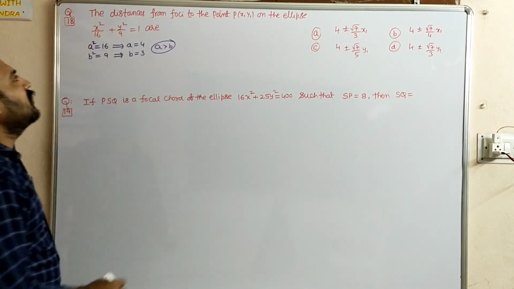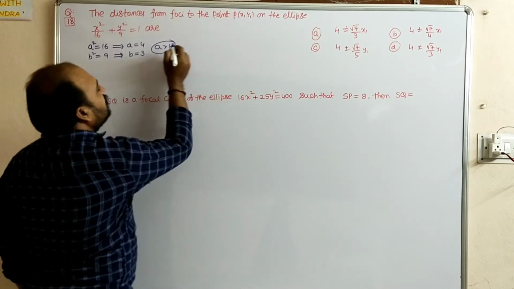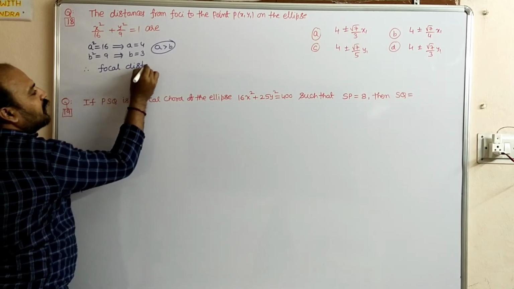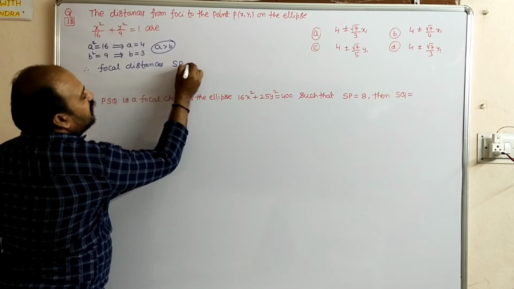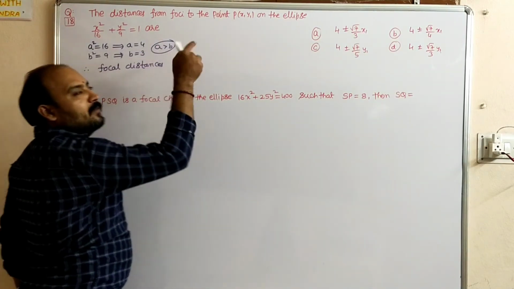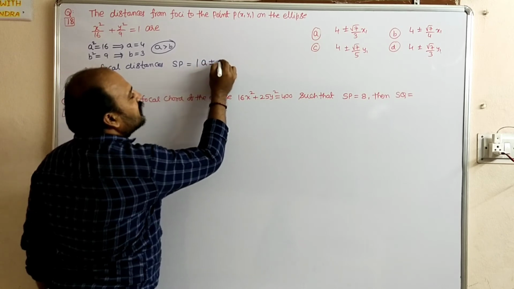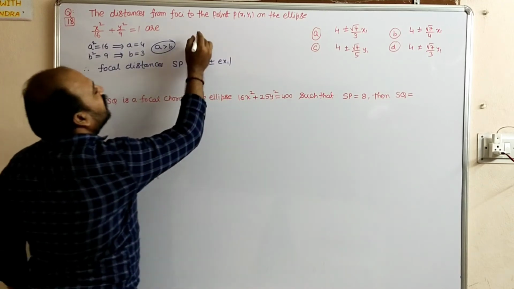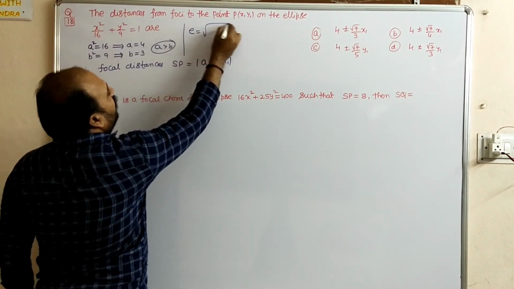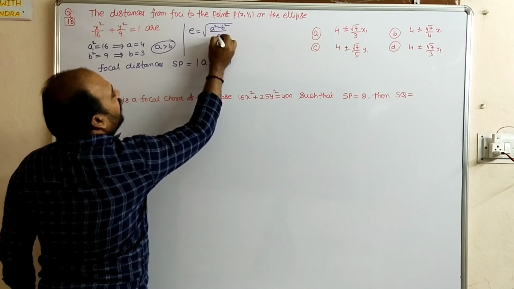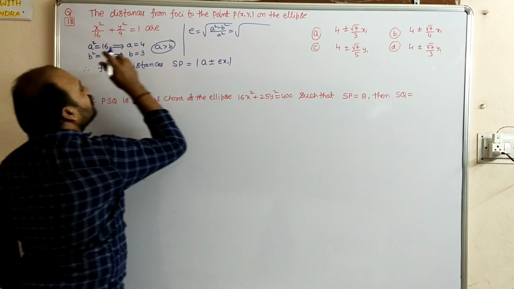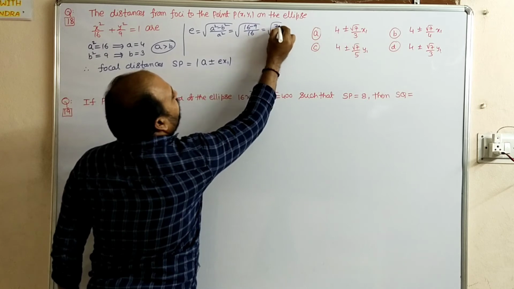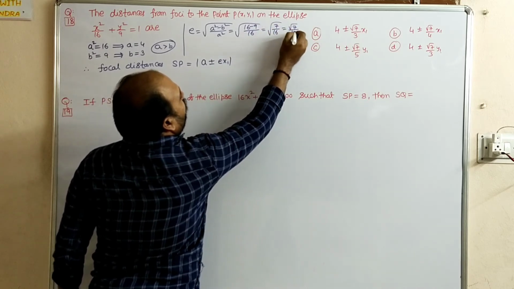Whenever a is greater than b, the distances from foci to the point, therefore the required focal distances, directly we are writing SP equal to mod a plus or minus e x1. So we need to calculate eccentricity. A value we got, x1 is x1 only. So eccentricity e equal to square root of a square minus b square by a square, so root of 16 minus 9 divided by 16, so root 7 by 4.